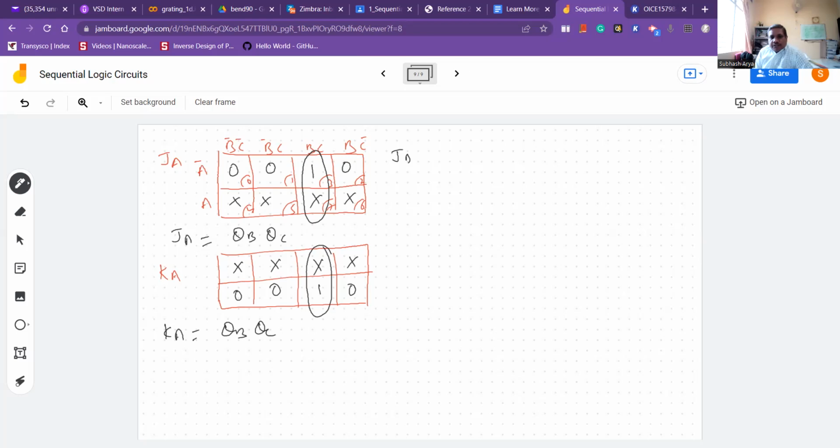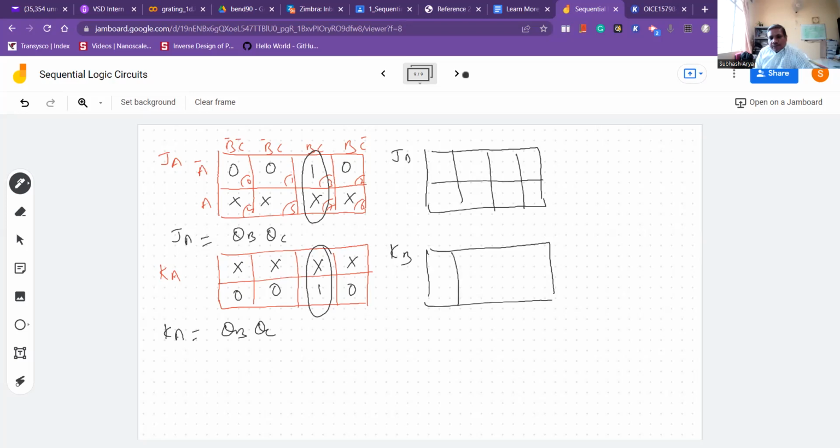Now go for JB and KB. Here the columns are A bar, A and B bar C bar, B bar C, BC, BC bar. Same here. Let us find out the values.